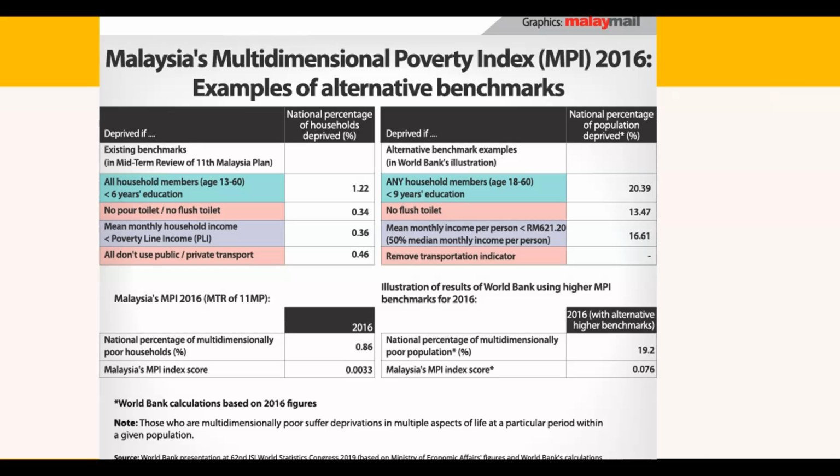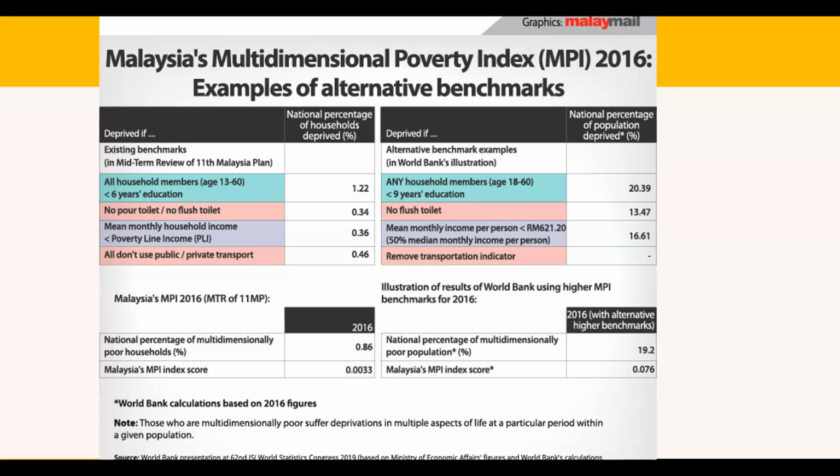So for no flush toilet, kalau dia kata dia bagi all, either all lah kan. Tapi dekat World Bank dia kata no flush toilet. So there is also an increment in the prevalence, instead of 0.34 to 13.5%. And for mean household income, poverty line income, because we use the old one, it also gives a different result, where in the World Bank the benchmark is about 50% of median monthly income per person, which is less than 620 ringgit for 20%.